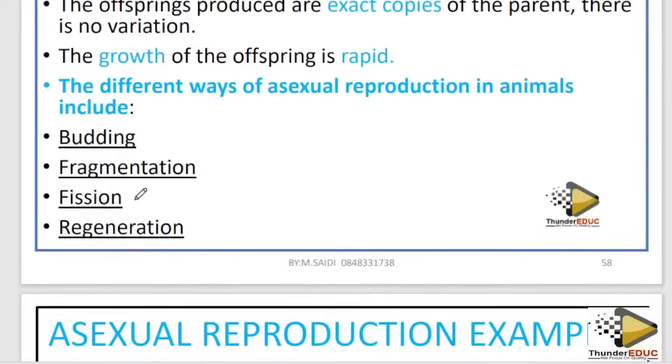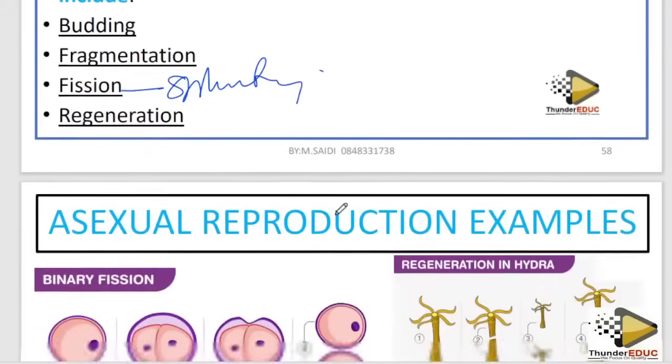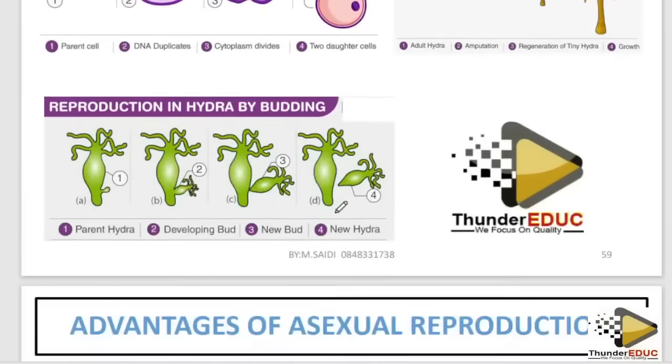Don't confuse fission with fusion. Fusion means combining, while fission is splitting. So please don't confuse the two. Regeneration is another example.